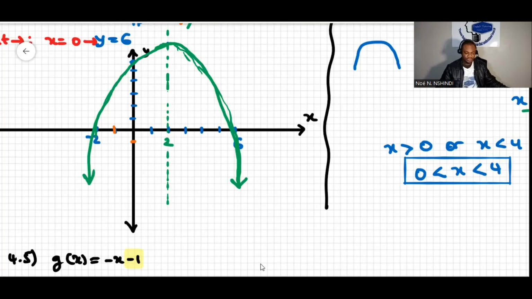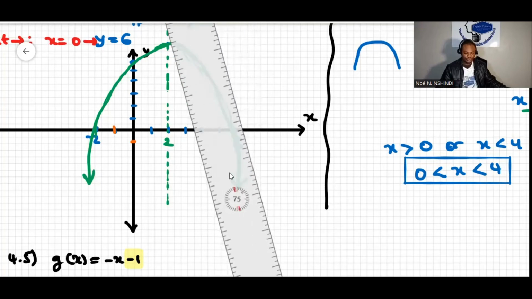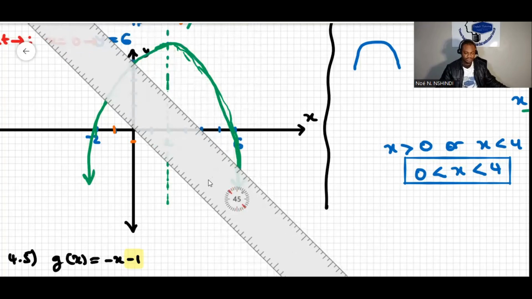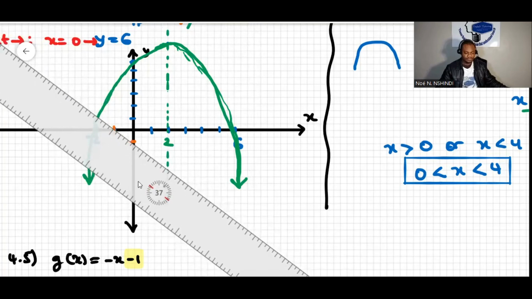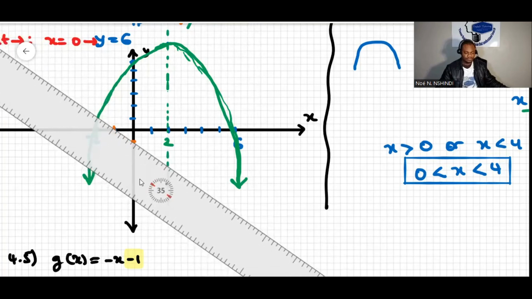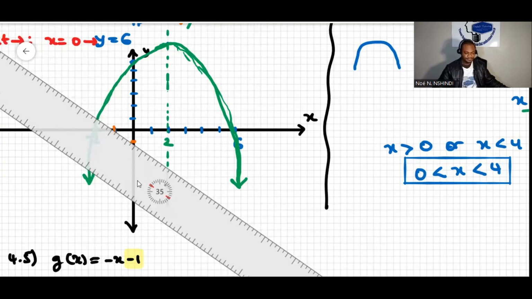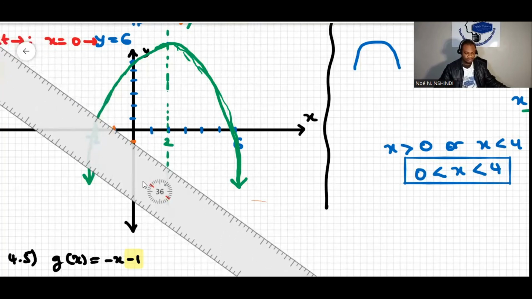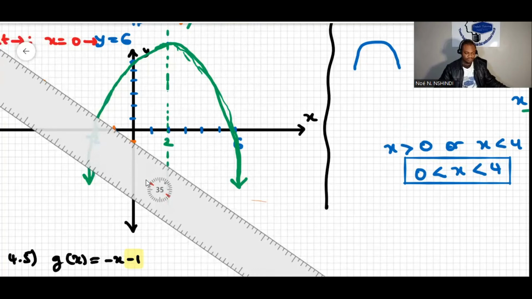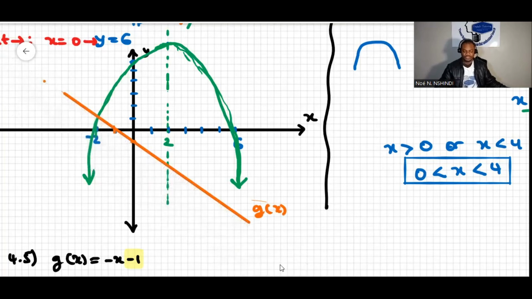I can just use my ruler to draw the line of the equation of g of x. Et voilà, that's g of x.